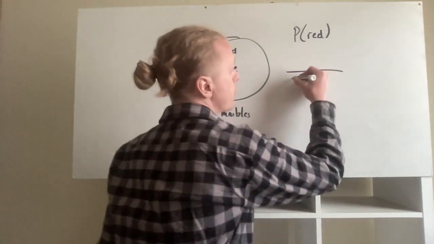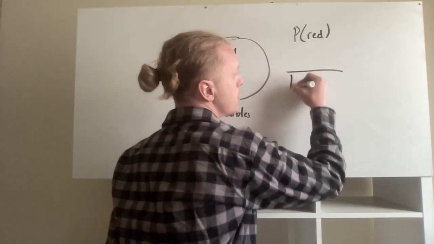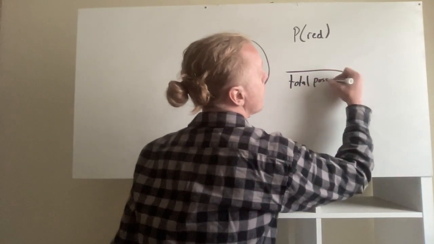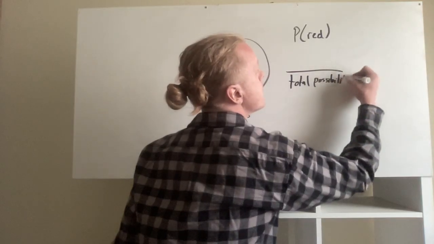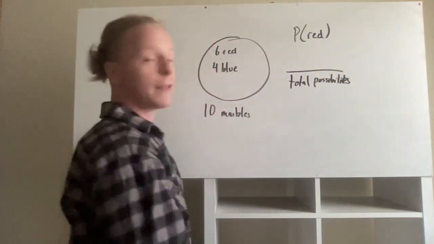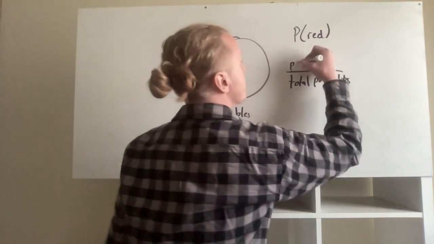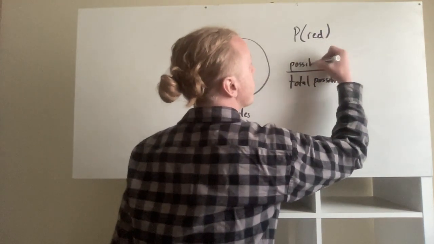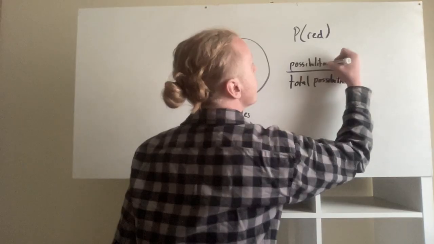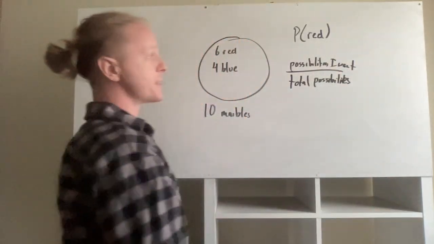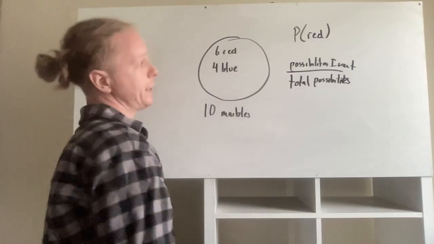So the total number of potential outcomes or possibilities, let's call it possibilities, goes down in the denominator. And then the possibilities that I'm looking for, or the possibilities that I want, would go in the numerator.